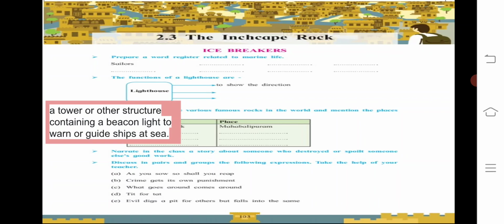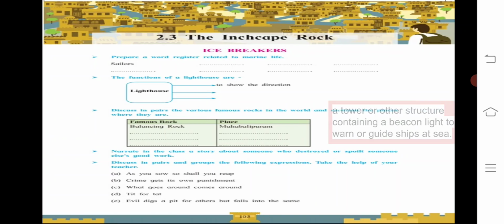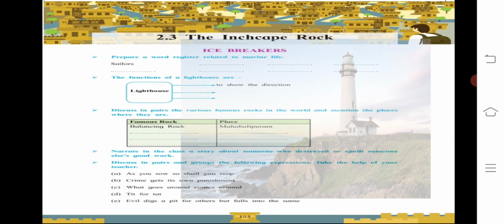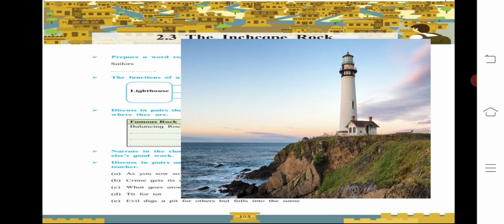So it is the beacon light, meaning the particular pole on which the light would be there, which is indicating to the ships in which direction they have to travel. To make it clear, check this image. This is the image of a lighthouse at the coastal area on the rock.